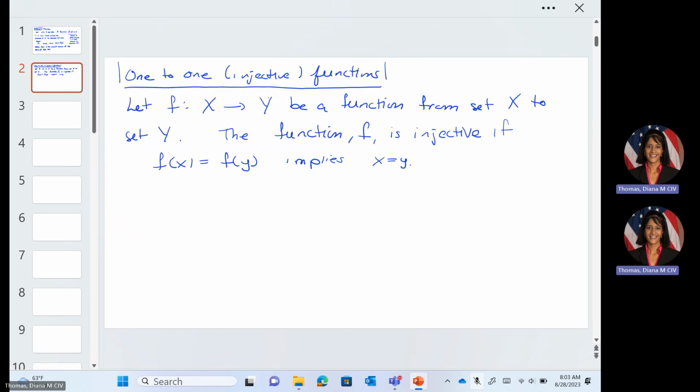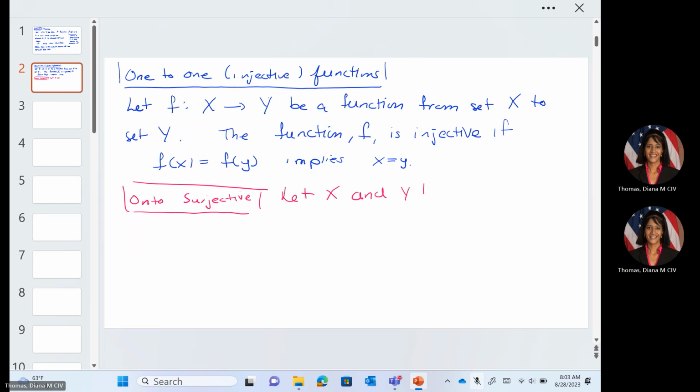Okay, another definition, one more. Also known as surjective. I have a set.